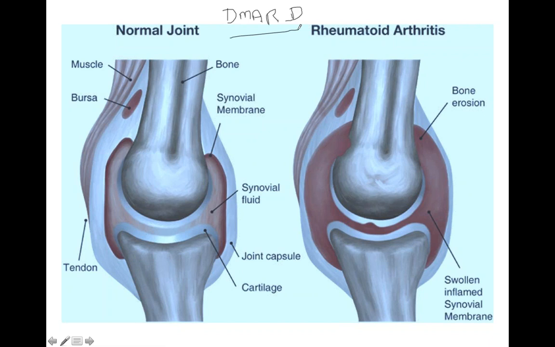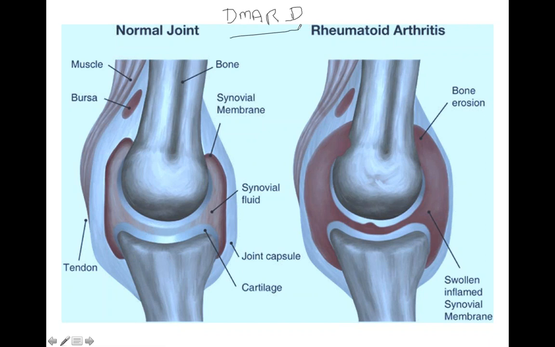This is very important. Earlier, in the past, the protocol was that if the patient had a very advanced case of rheumatoid arthritis, then we used to start DMARDs. Now we have to start them within 3 months of diagnosis, even if the patient has a mild case of rheumatoid arthritis. They delay the progression of the disease.